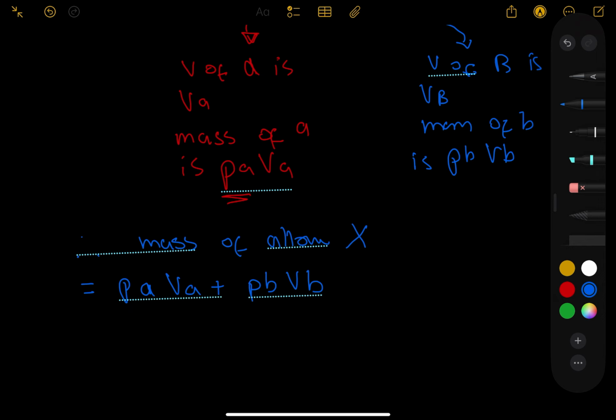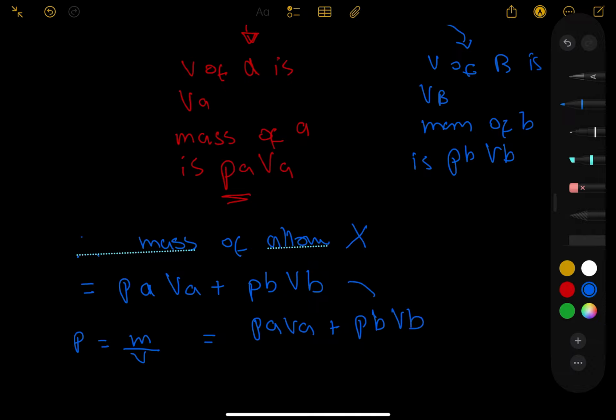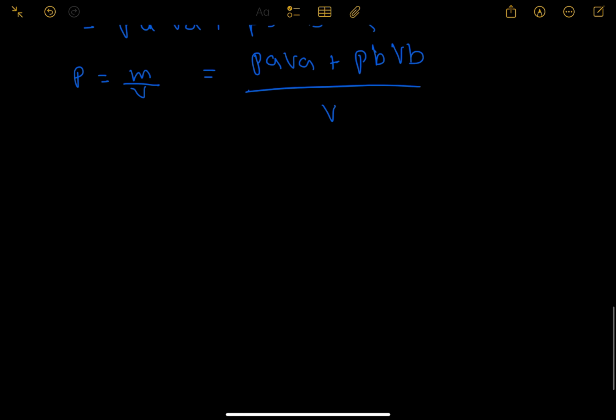And therefore, because we know density equals mass over volume, the density equals rho_A V_A plus rho_B V_B over the total volume V. You can separate them into rho_A V_A over V plus rho_B V_B over V, but I'm just going to leave it as is.